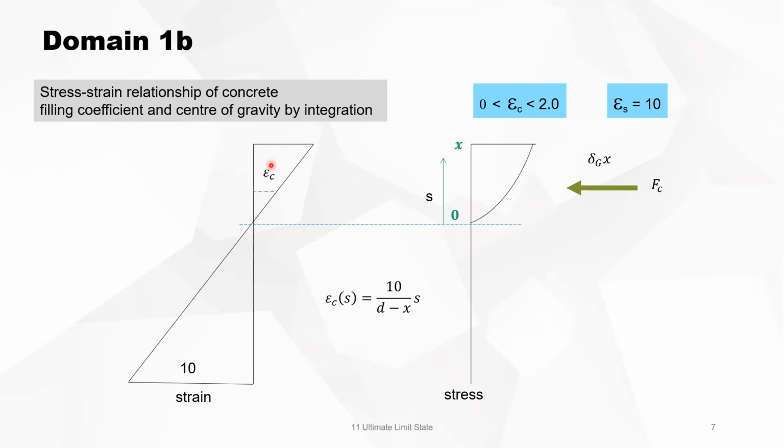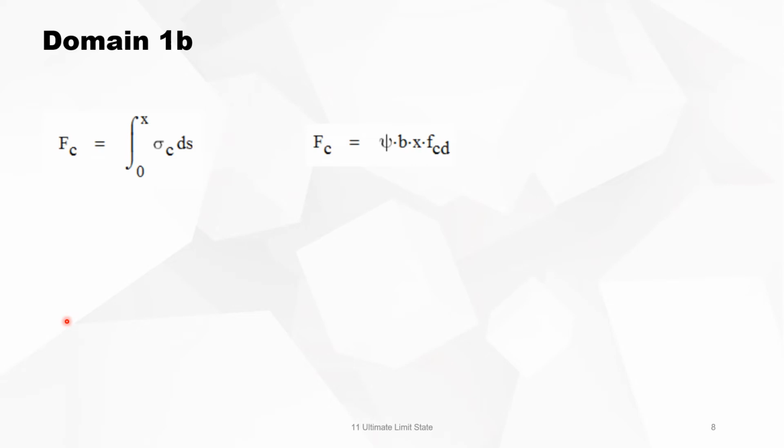You can describe the strain in the concrete as a function of s, and then you have this relationship. For s equals x, you see immediately that we have the rule of similar triangles. The total compressive force in the concrete is equal to the filling coefficient times the width times the depth of the neutral axis times the compressive design force, and this is equal to the integral of the stresses in the concrete going from 0 to x.